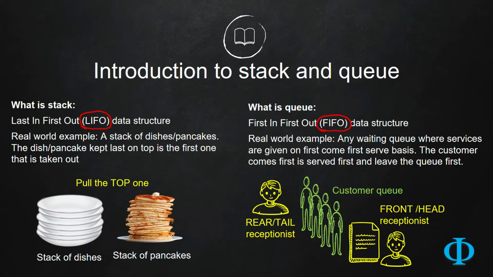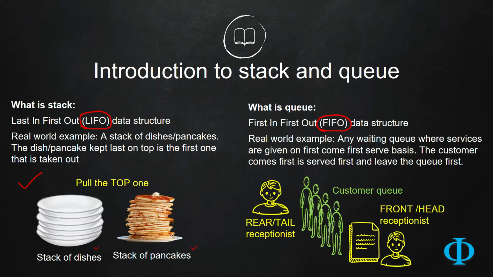There are lots of different examples of stack and queue, that is LIFO and FIFO, in our real world. Possibly the best experience of stack and queue you can find is in a restaurant setup. For example, just check this left side figure where you can see a stack of dishes or a stack of pancakes.